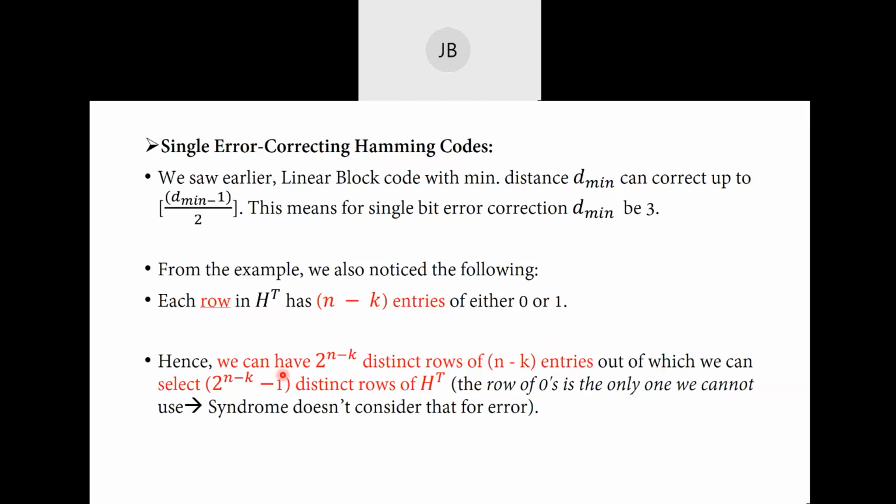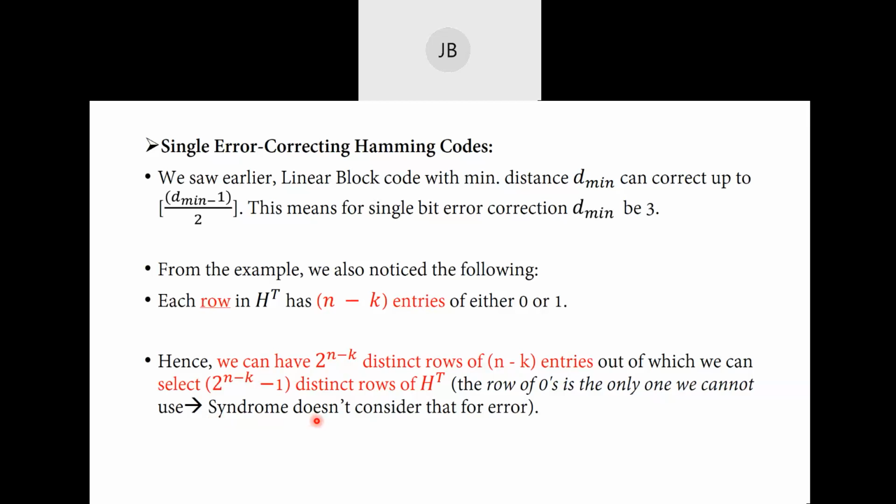Out of these we can select 2 power n minus k minus 1 distinct rows of H transpose, because one of the rows will have all zeros. If the syndrome vector at the receiver is all zeros, it means there is no error; that corresponds to a code word with no errors.